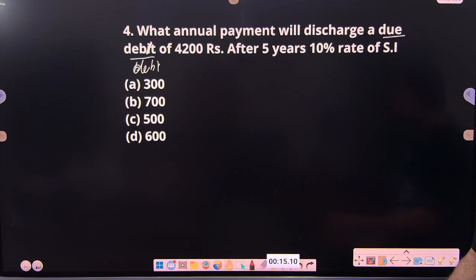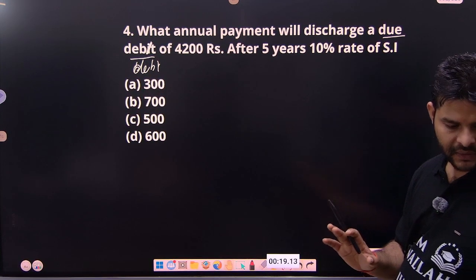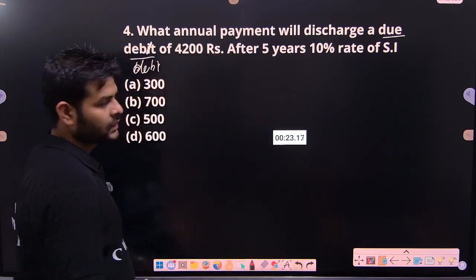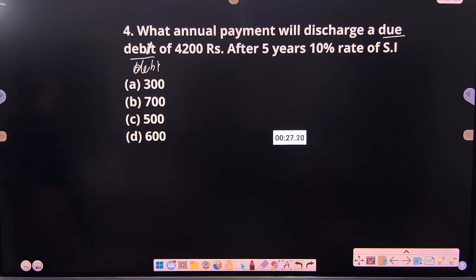This is the last variation, and after that there is no variation in installments. Take your time. Take your time, guys.